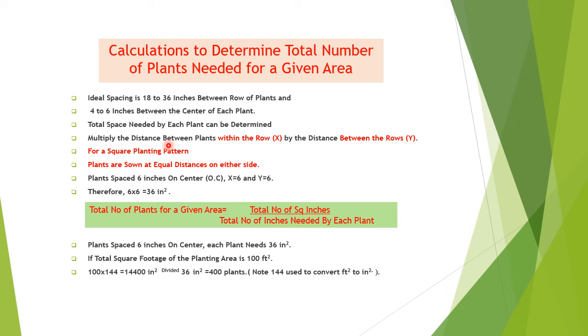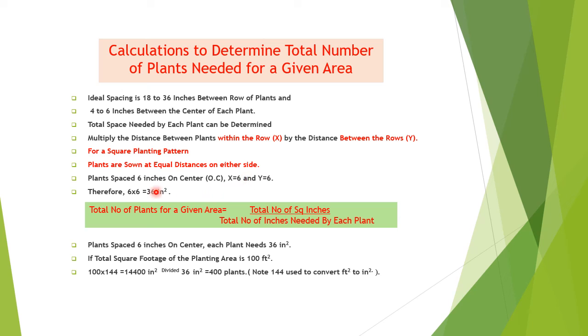You multiply the distance between plants within the row, that is x, by the distance between the rows, that is y. For a square planting pattern, plants are sown at equal distance on either side. Plants spaced, for example, 6 inches on center, that is x is 6, and between the rows y is 6.